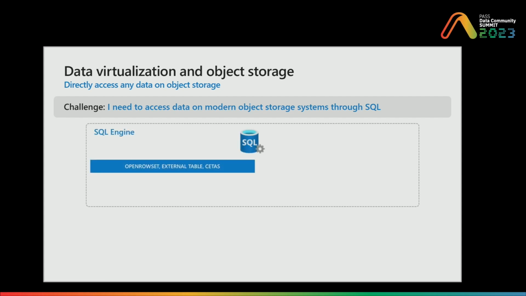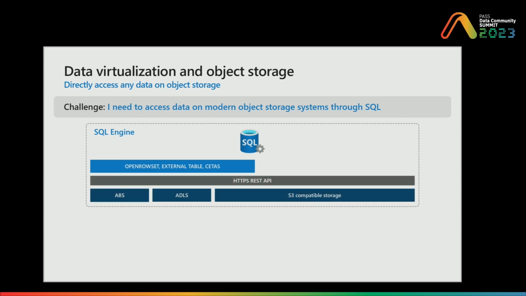We already had OPENROWSET and external table access in previous versions. One of the key things that was missing in SQL Server, which SQL Data Warehouse had, was CREATE TABLE AS SELECT, or CTAS, right? So you can actually export your table from SQL and dump it to Parquet or Delta files.